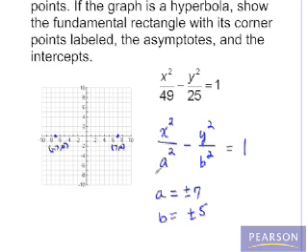Now to determine the fundamental rectangle, we simply form all 4 of these corner points using our plus and minus a and b values.